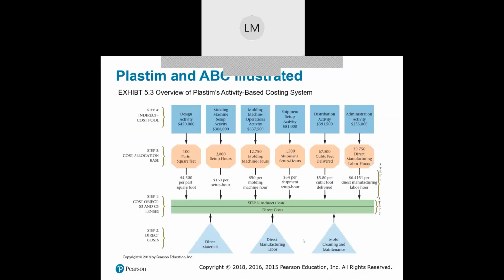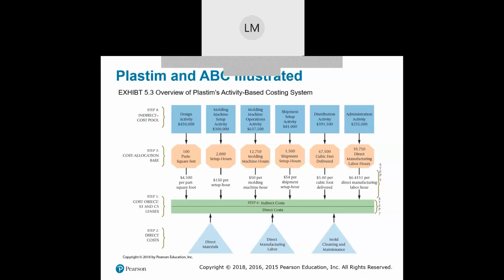Now we've identified additional direct costs of mold cleaning and maintenance. So now we've got more costs associated with direct costs. So what does that do to the amount of overhead costs? Well, it's going to reduce that because now some of those indirect costs are classified as direct costs because we can economically trace those in a feasible manner.